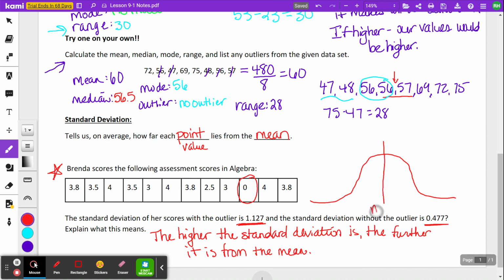The middle here would be the mean, and then each section of this would be broken off. So if you're 0.477, you're going to be close in here to the mean. And if you're 1.127, you're going to be out here away from the mean. That means your test score is either a lot lower or a lot higher than the actual mean.